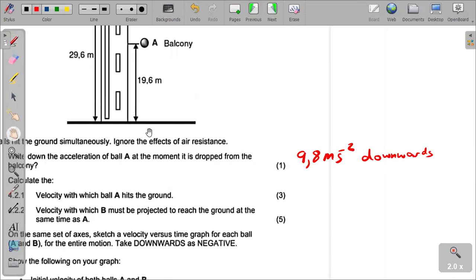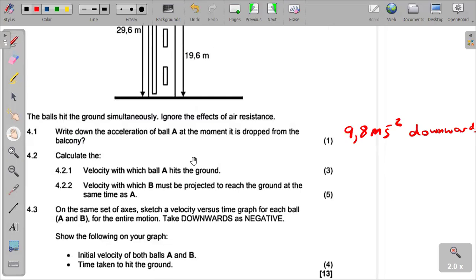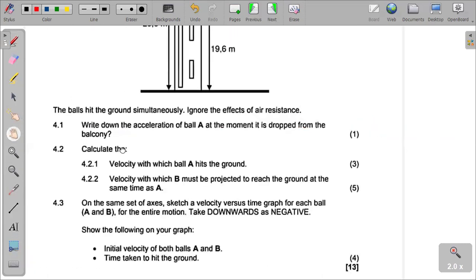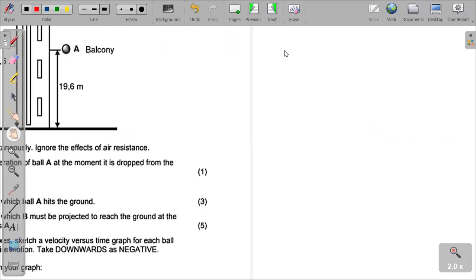The question is saying, 4.2.1, calculate the velocity with which ball A hits the ground. For ball A, taking downwards as positive, it has been dropped. So if I list the data for ball A, number 1, we have VI, it's 0 meters per second.